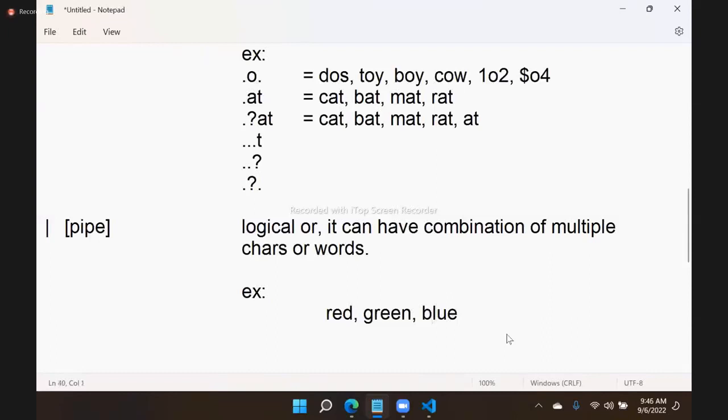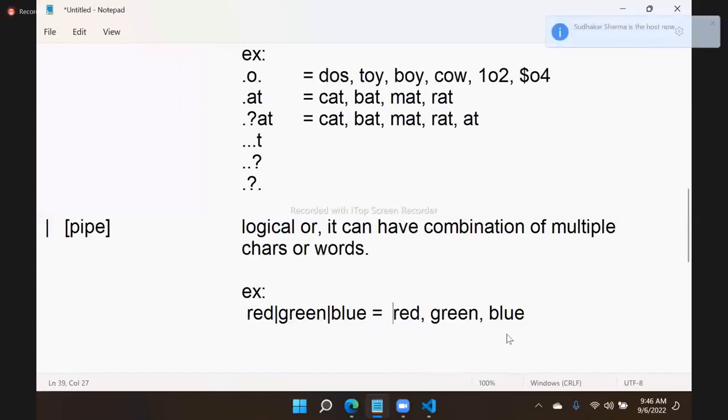Common means the position also should be common. There is nothing common. In that case, how will you represent them? Then you have to just write the pattern like red, pipe, green, pipe, blue, like this. It will allow all these three.